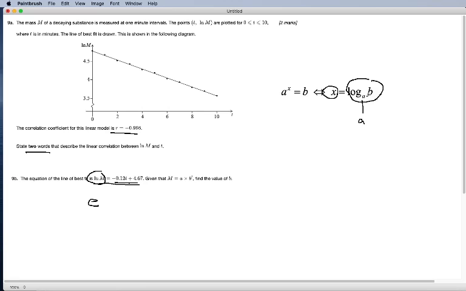So I'm going to rewrite this as e, so that's my a, e to the power of x, and x here is negative 0.12 t plus 4.67. So that's everything onto this side. Everything that considers x is just anything on the other side of the log. So that's all this here. So base to the power of the other side, which is x, is equal to the argument b, and in this case our argument for the ln is m.